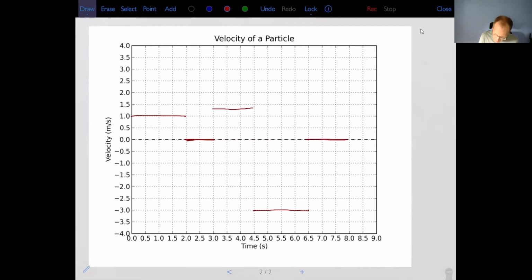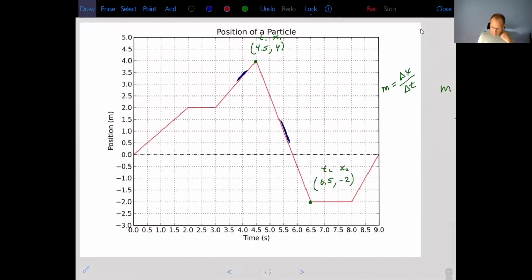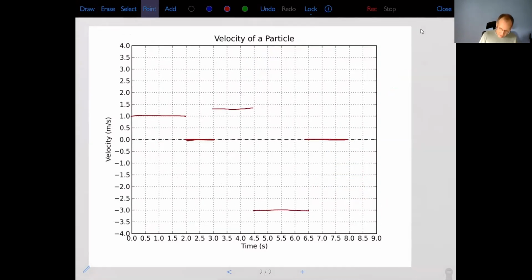And then finally, from 8 to 9, the rise is going from -2 to 0, so the rise is +2. The run is going from 8 to 9, so the run is +1. So 2 divided by 1 is 2. So this is going to be +2. Okay, so that would be the corresponding velocity versus time graph.